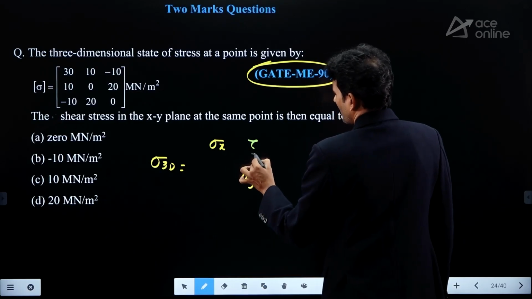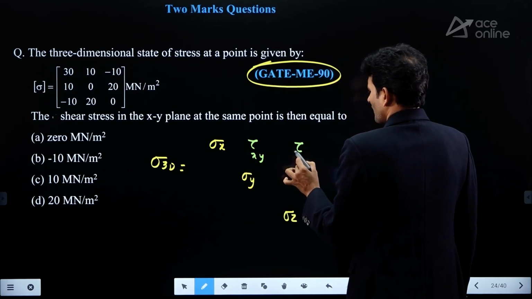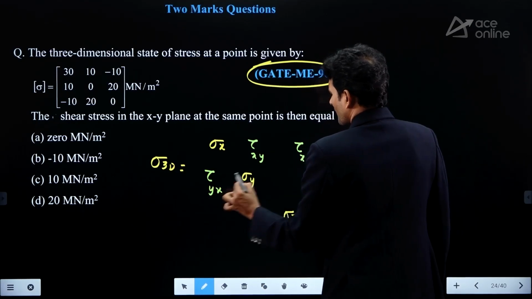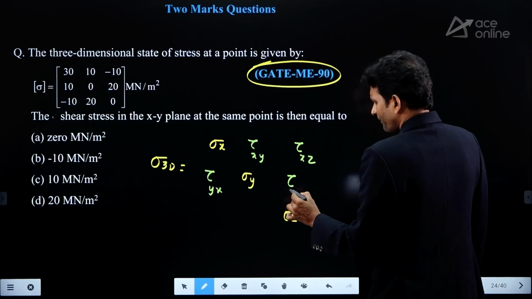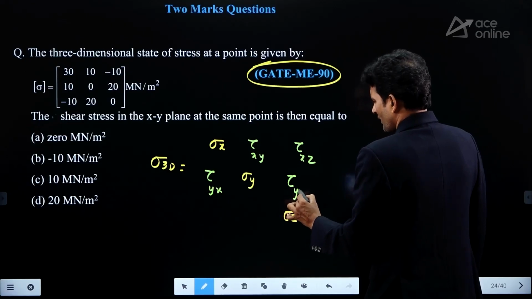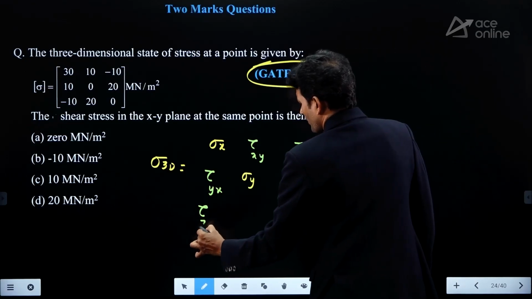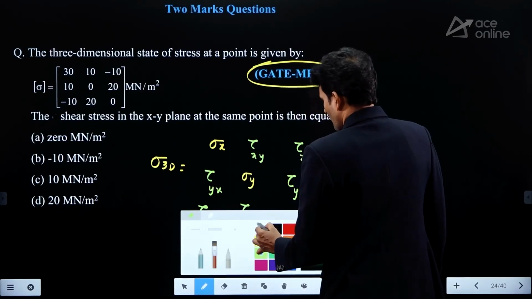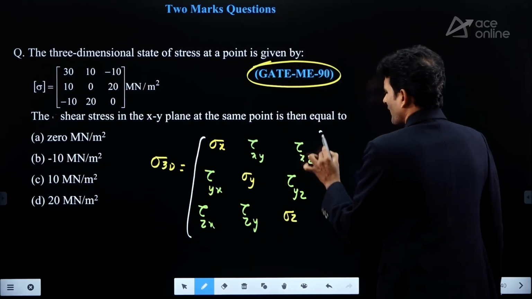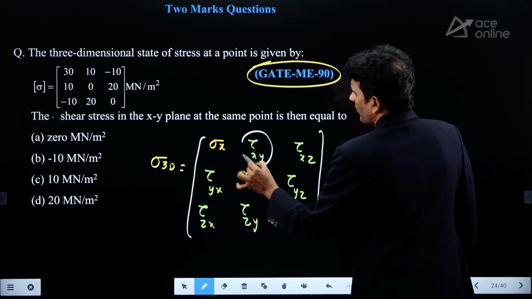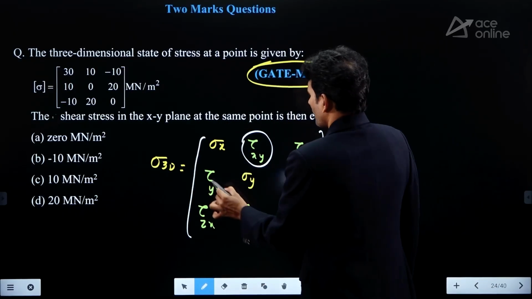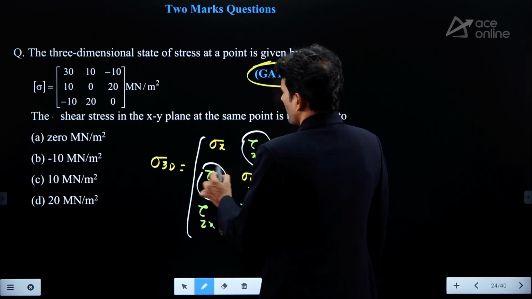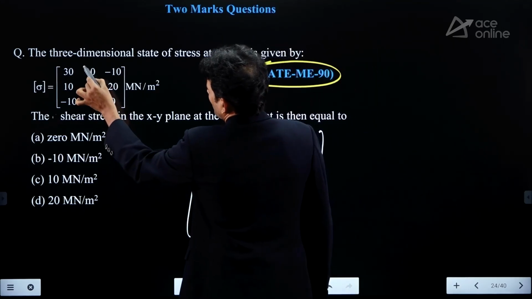Here this is tau xy, this is tau xz, this is tau yx, this is tau yz, this is tau zx, this is tau zy. Very good. What do we require? We require tau xy, clearly mentioned, in the xy plane. Now, where you identify this component in this matrix, look here, 10.